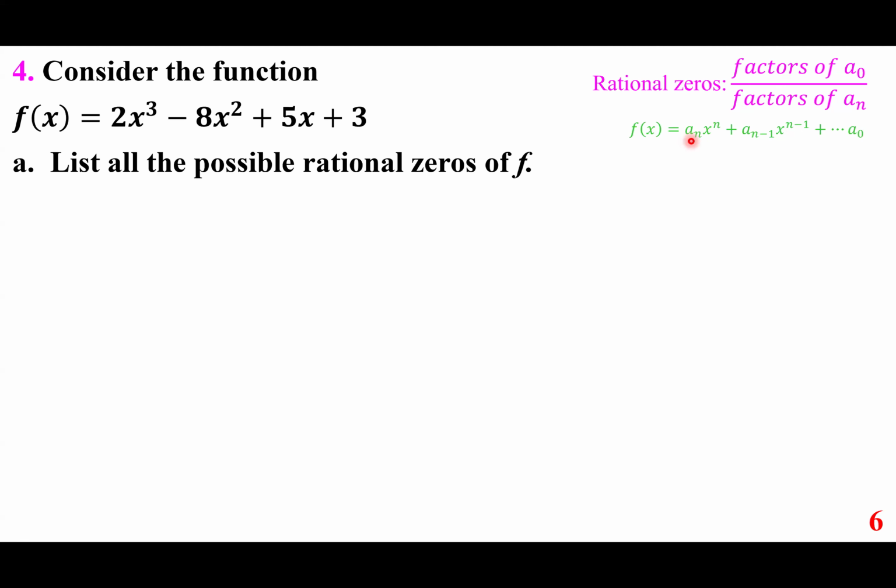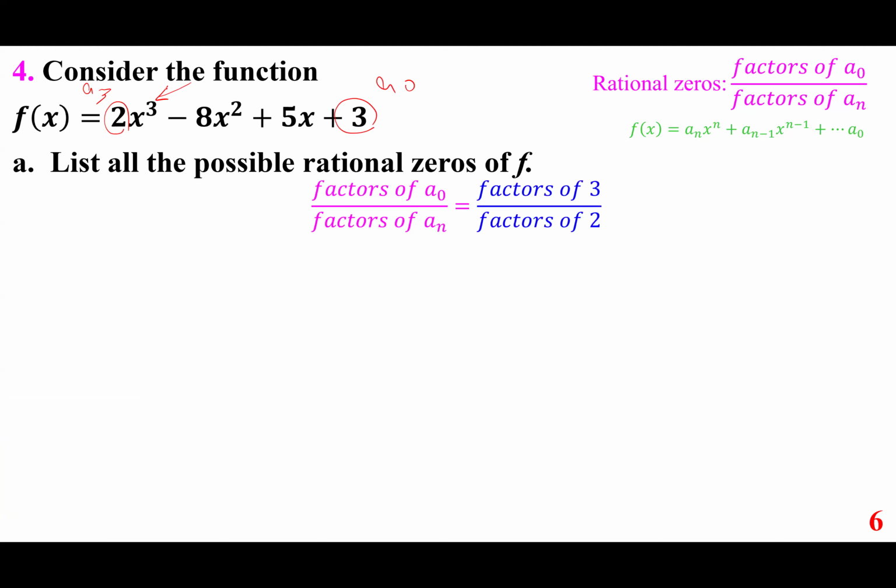So for this one, this is a sub 0. This one is a sub n, more specifically a sub 3 because n is 3, okay? So factors of a sub 0 over a sub n would be factors of 3 over factors of 2.